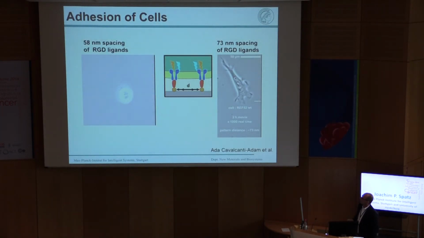Just to give you an example that these surfaces can really trigger a certain phenotype, I show you here two tissue cells. It's the same tissue cell. The difference is that you have here a very specific ligand for integrin alpha V beta 3. And then you can change the spacing very, very slightly, so you change the concentration and you change the phenotype completely.